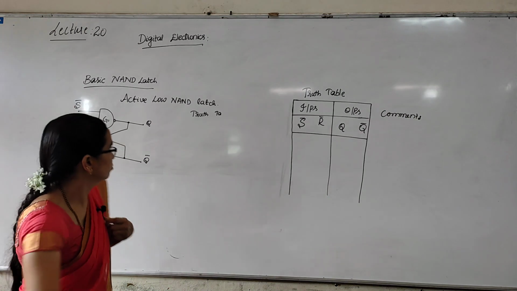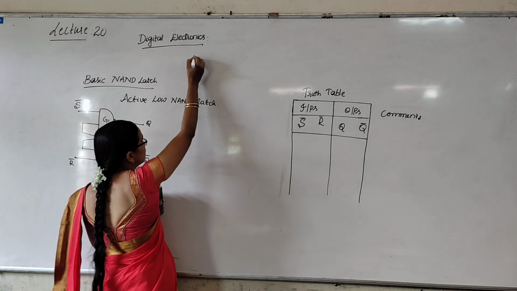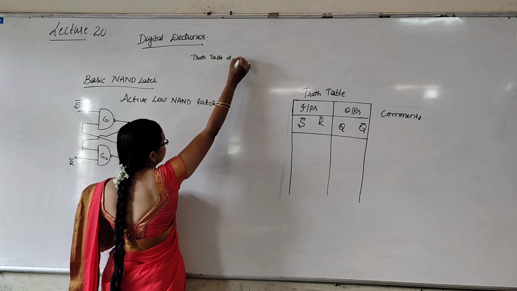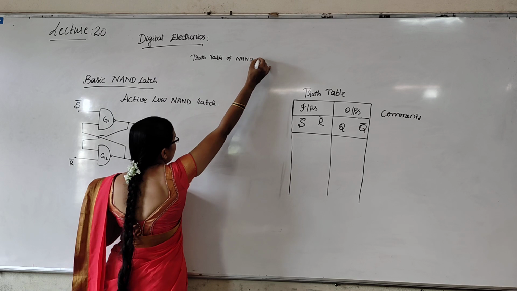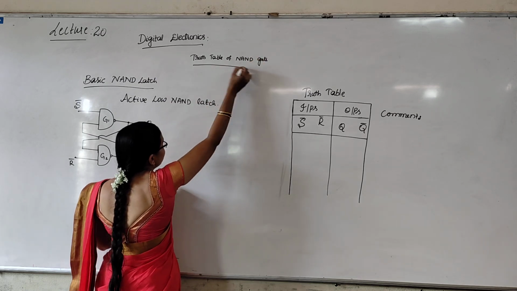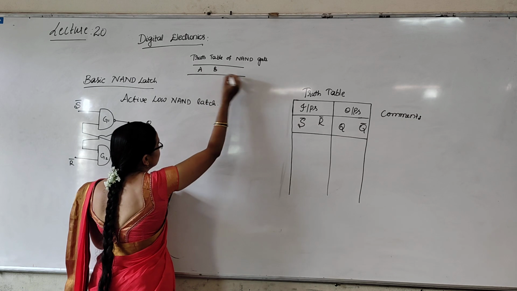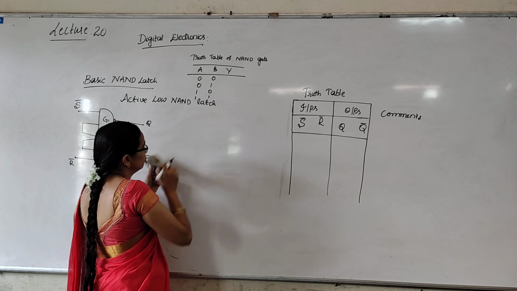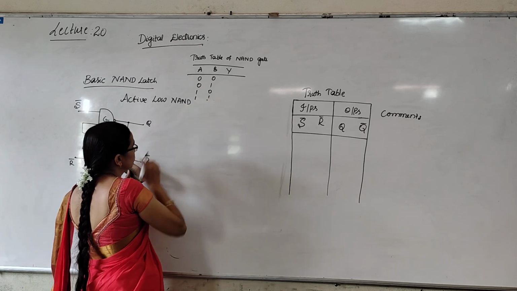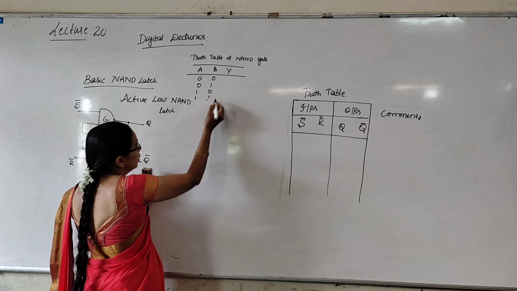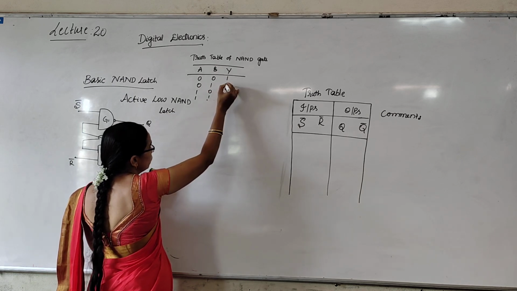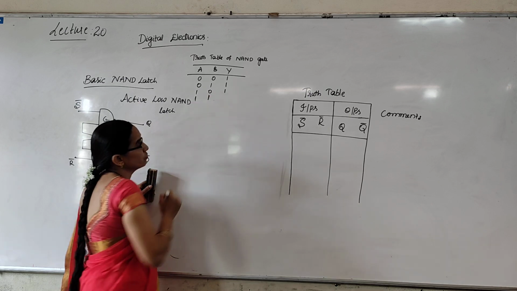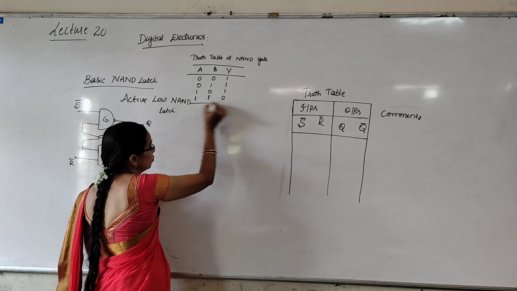You should be aware of the truth table of NAND gate: A, B and Y. For 0 0 it is 1, for 0 1 also it is 1, 1 0 is 1, and when all the inputs of the NAND gate are high, the output is low.